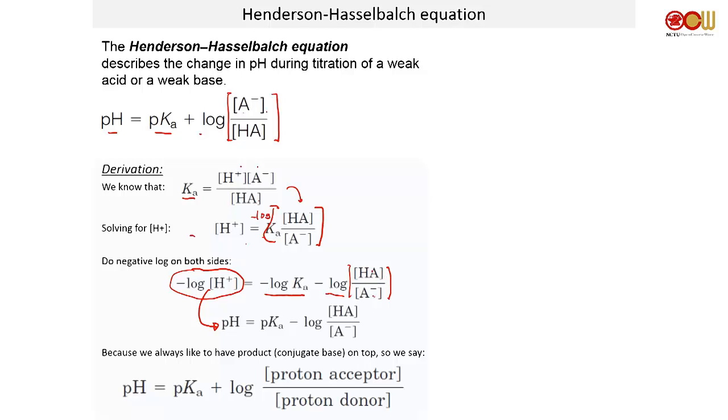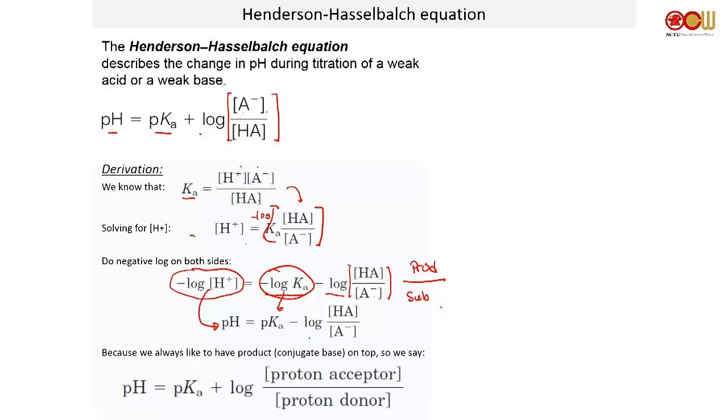Okay? So you can rearrange that. Right? And negative log of Ka happens to be pKa. Okay, and then minus the log of acid divided by conjugate base. Now we don't like acid to be on top, because we're always used to having product on top and then substrate or reactant on the bottom.